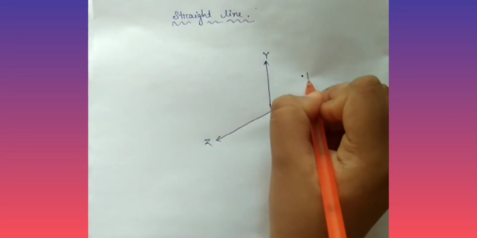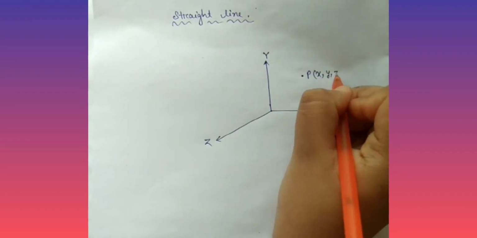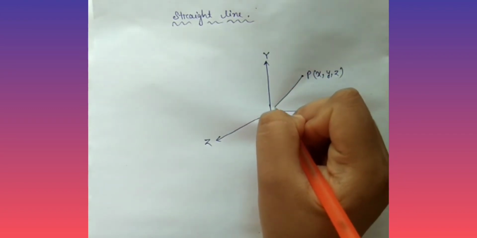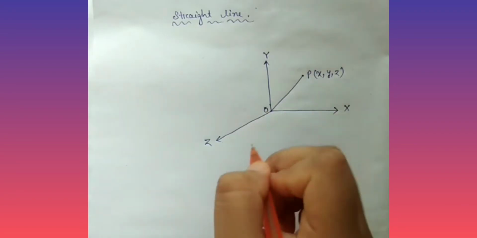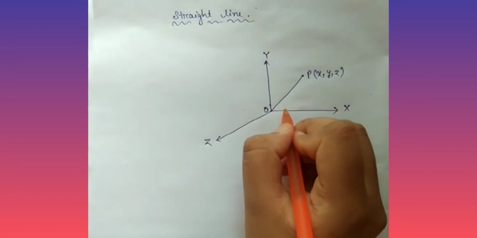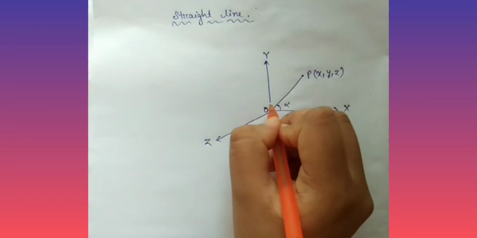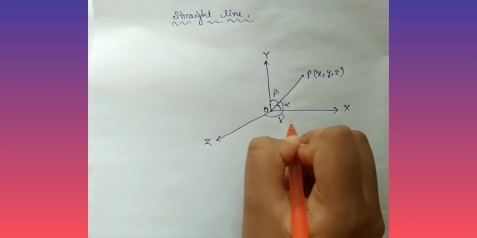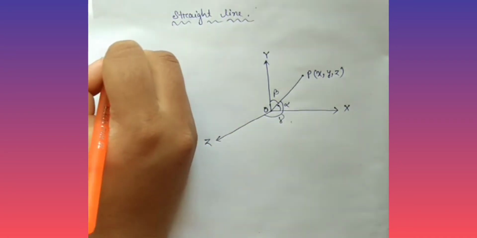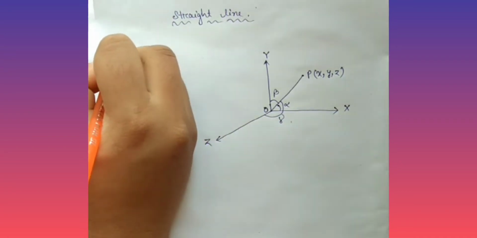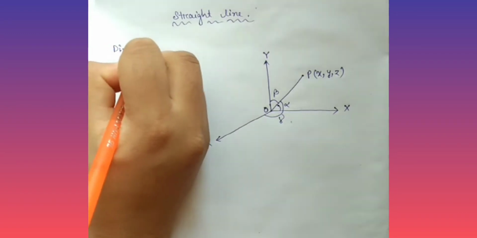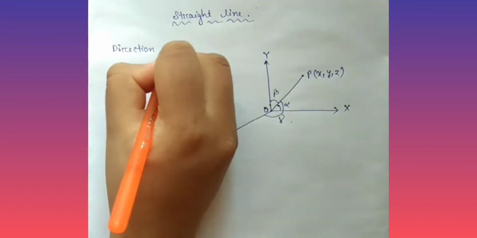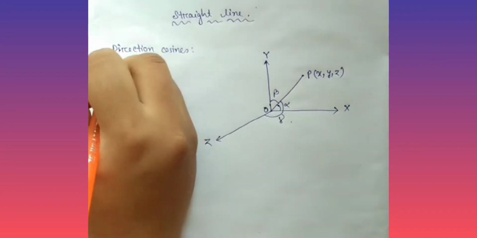Let P be a point on this plane and OP be a line. Consider that OP makes angles alpha, beta and gamma with the coordinate axes. Then the cosines of these angles are called the direction cosines.